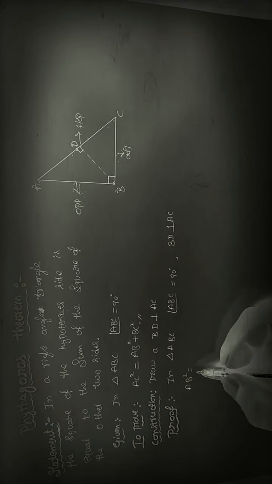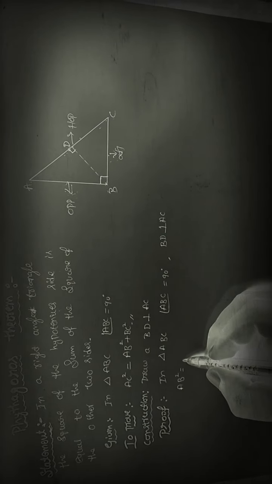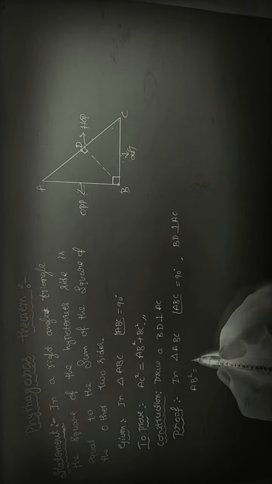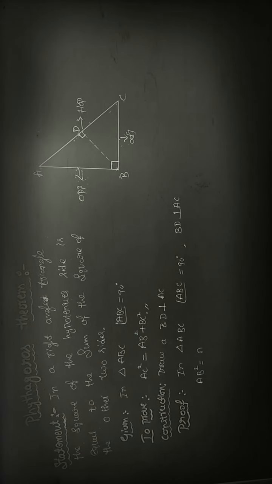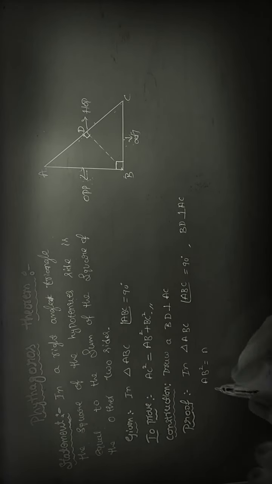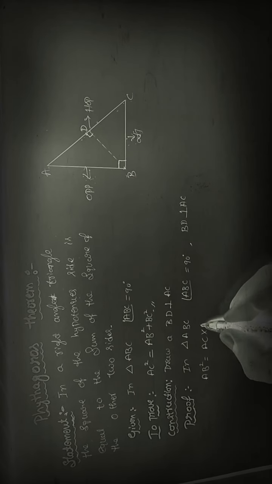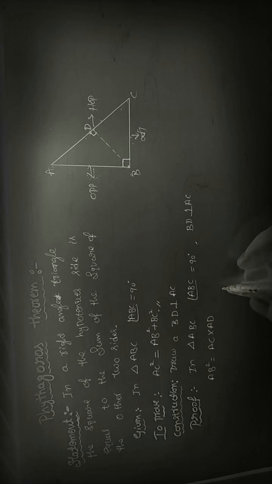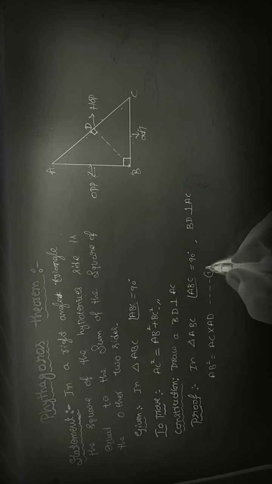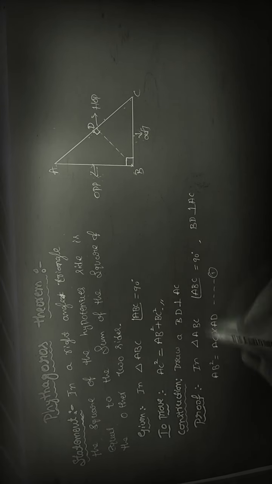Now AB square is equal to AC into AD. This is equation 1.